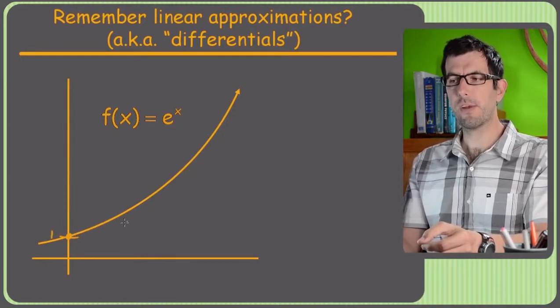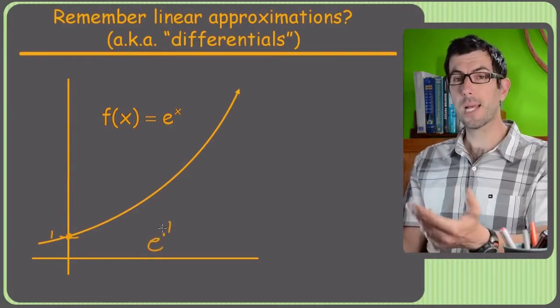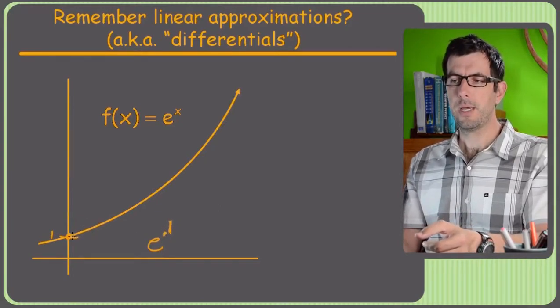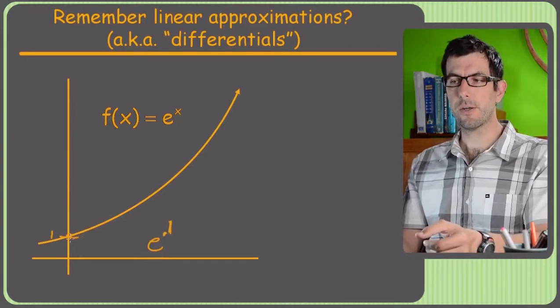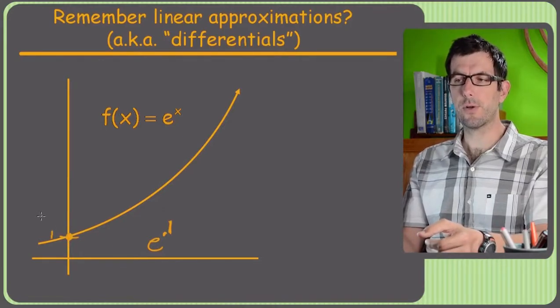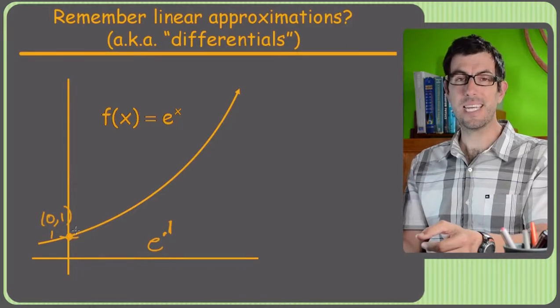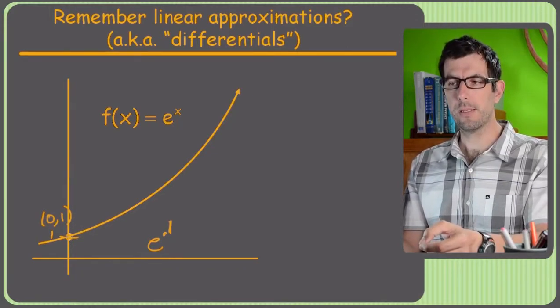But then let's say you wanted to figure out what e to the 0.1 was. So what's a good way to approximate e to the 0.1 without a calculator? Well, what you could do is take the derivative at 0. Since we know this point (0, 1), what we did was draw a line, the tangent line to the curve at that point. And the tangent line went like this, and it shot off like that.